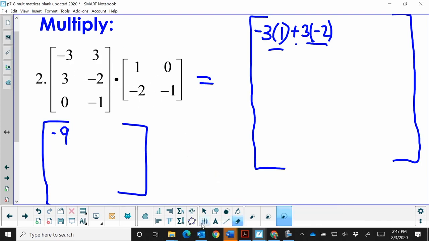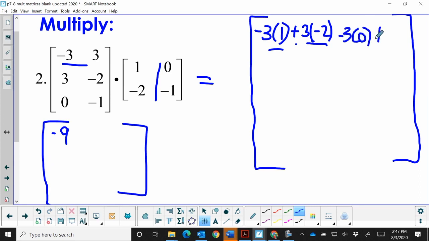Okay, let's work through the second. I shouldn't erase that first one because I'm still first row, but now I'm second column. And I have -3 times 0 plus 3 times -1. So I'm taking this row times this column. And that's going to give me 0 plus -3. So that's just a -3.